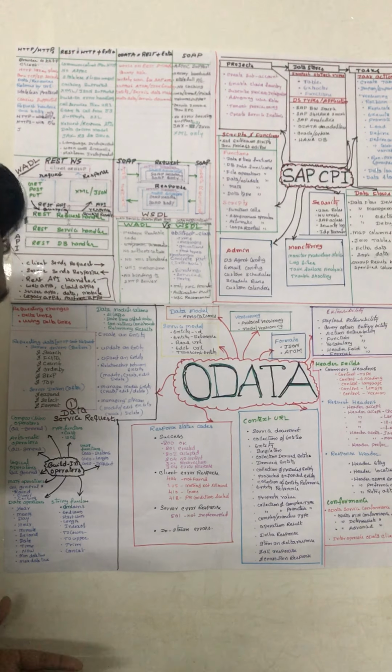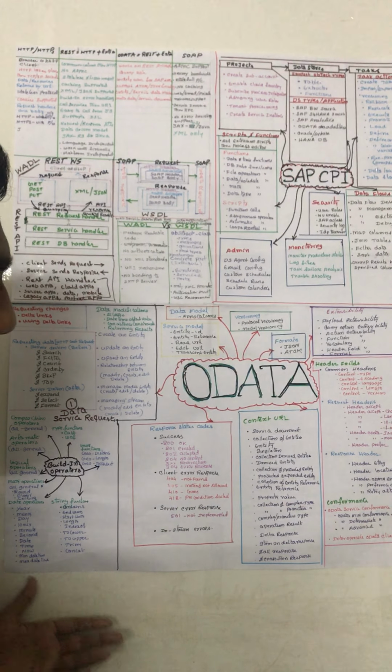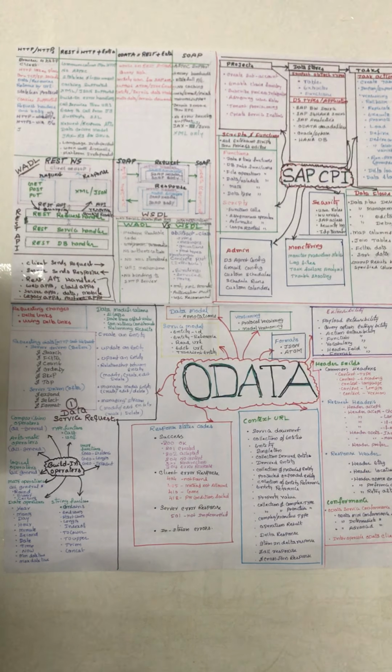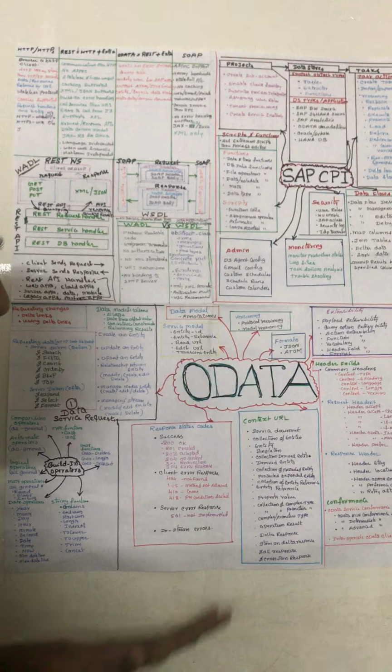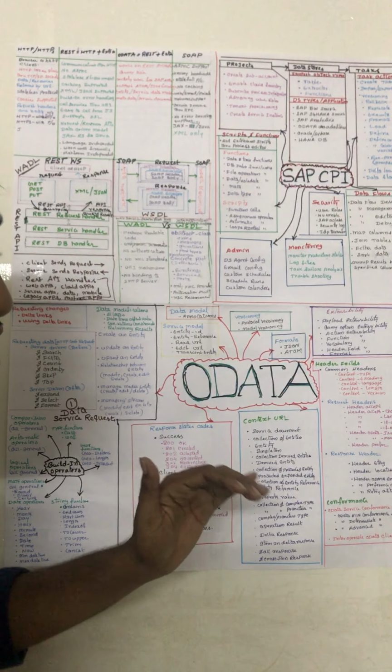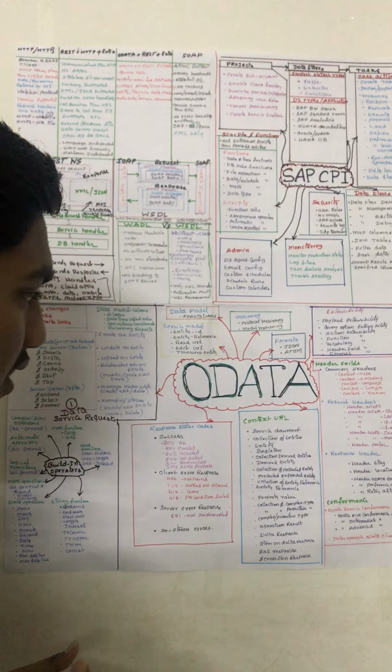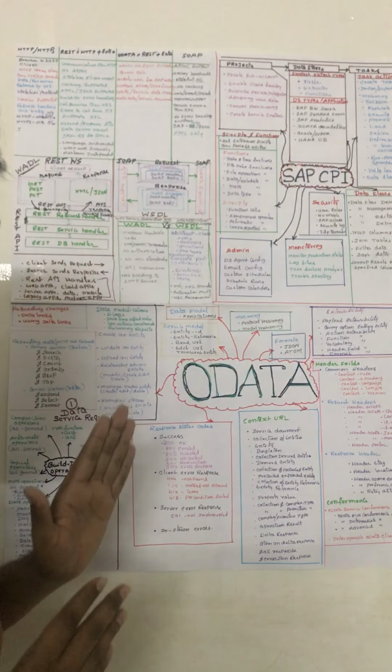There will be different context URLs, like service documents and collection of entities, singleton entity, collection of derived entity, collection of projected entity, projected expanded entity, collection of entity reference and property value, and delta response, and also operation result, and complex or primitive types. These are all involved in the context URL based on which type of data you are going to request. So this is about the different contexts of URL.